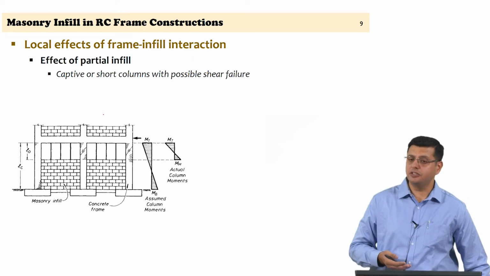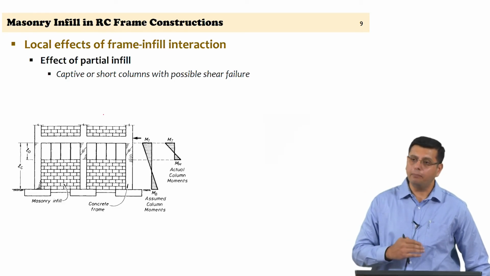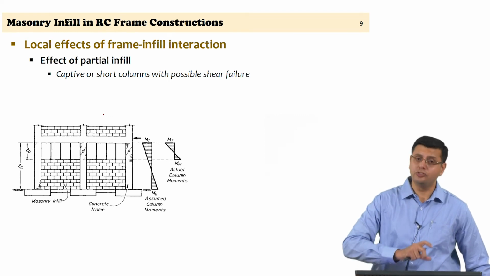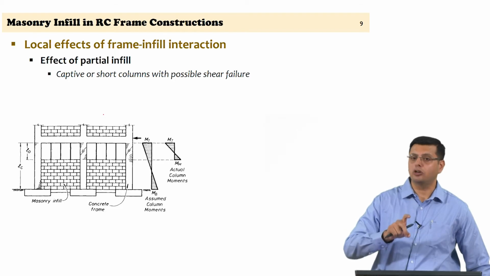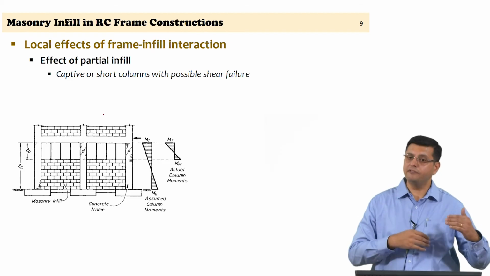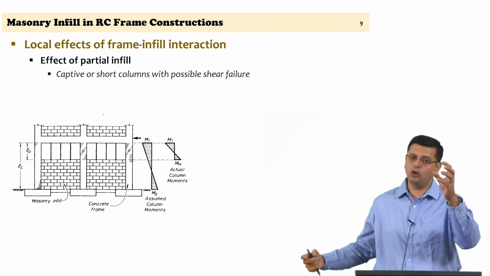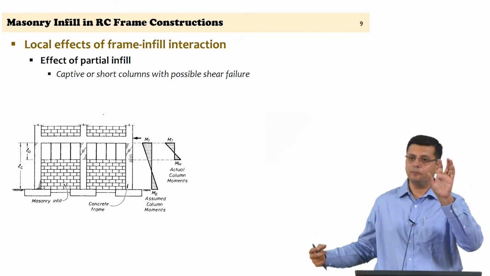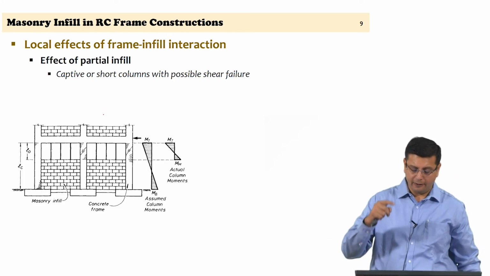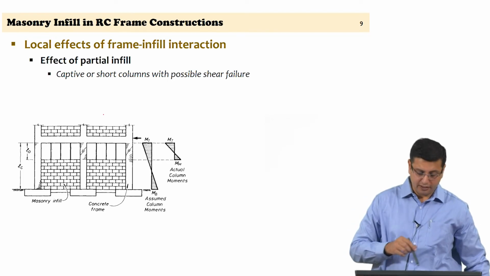In several situations, to provide ventilators or to provide windows, you might have a partial infill. Again, the partial infill has also the effect of creating a short column or a captive column. In the previous case, the failure of the infill panel created the short column effect, or the deformation could cause, because of an effective strut, contact pressures at the corners of the column and cause failure in the reinforced concrete column in the corners due to shear failure.